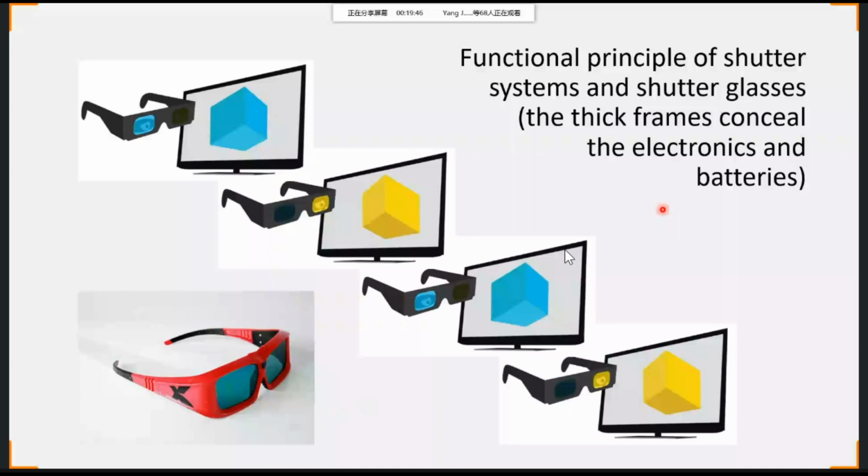And these thicker frames conceal electronics and batteries. So there are electronics within these glasses, because they have to, and that's the name, shutter glasses. So one eye shuts and the other is open, and then this is reversed. So this glass has to do something, and therefore it's an active system with its own power source.